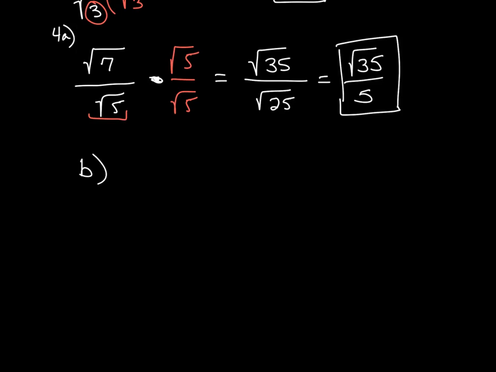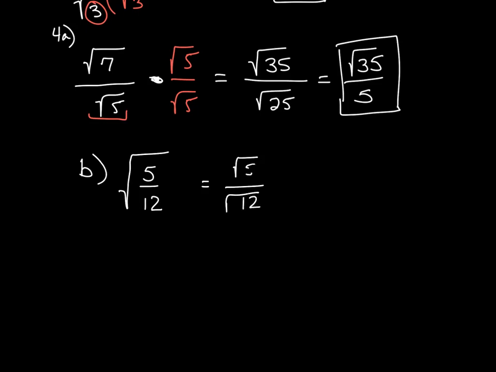So for B, it is 5 over 12, but it's written as one radical. So first, I have to separate them, and that would be the square root of 5 over the square root of 12.